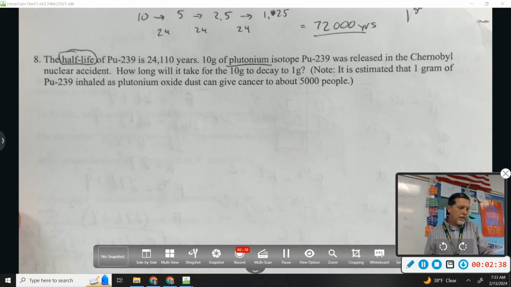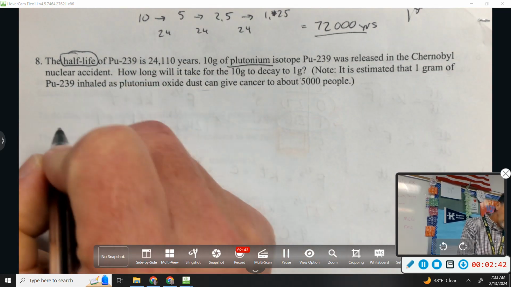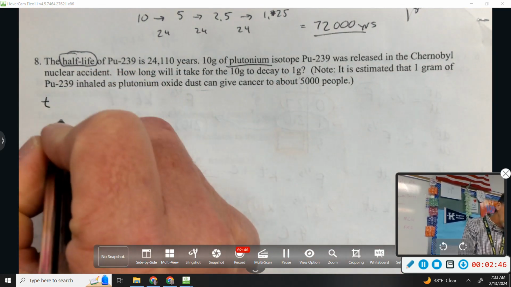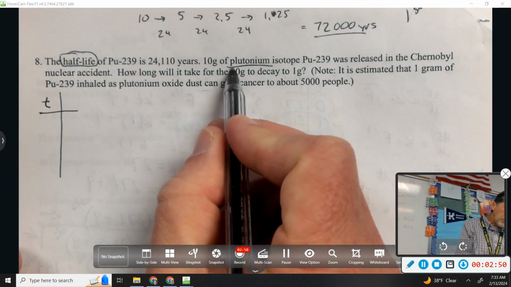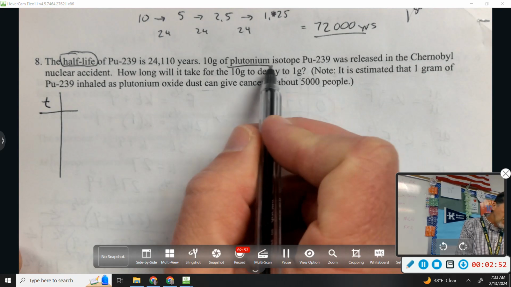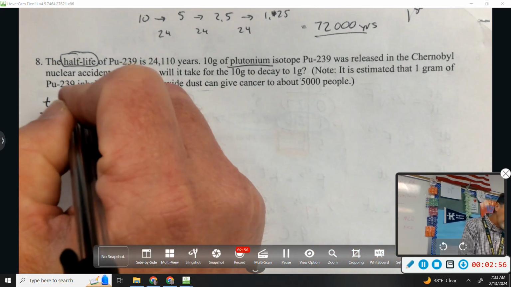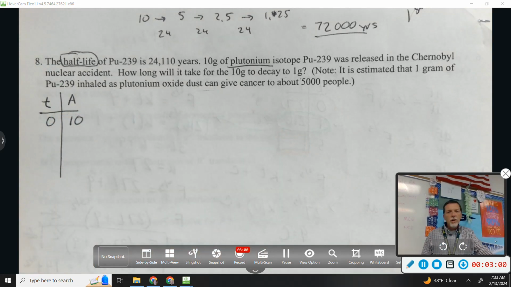Okay, so let's see, half-life. We started with 10. Yeah, let's make that table of values. So let's go T, and we could use P for plutonium, or A for amount. I think I'm going to go A for amount. So at T equals 0, there were 10 grams.